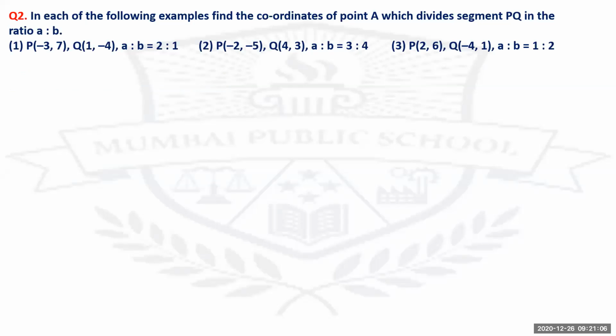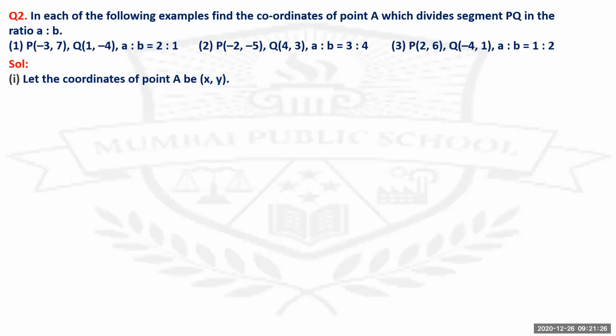This is your first question. Second sub question, P(-2, -5), Q(4, 3), and the ratio is 3 is to 4. Third sub question, P(2, 6), Q(-4, 1), ratio 1 is to 2.